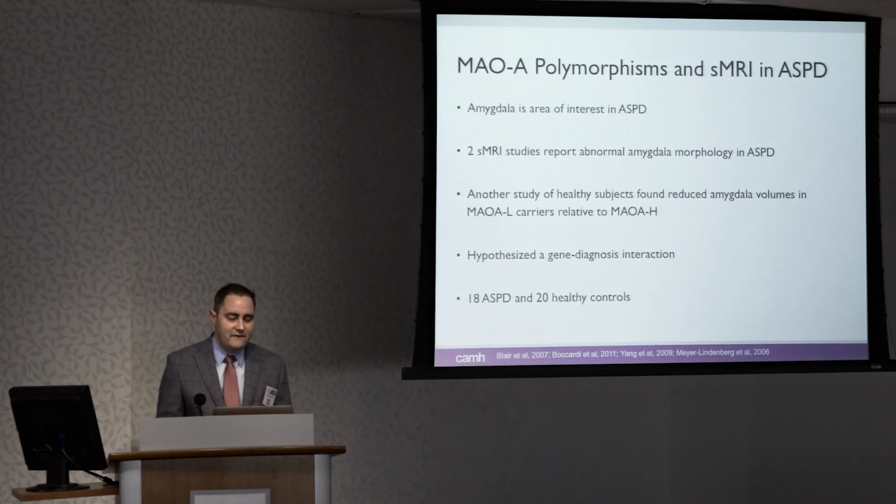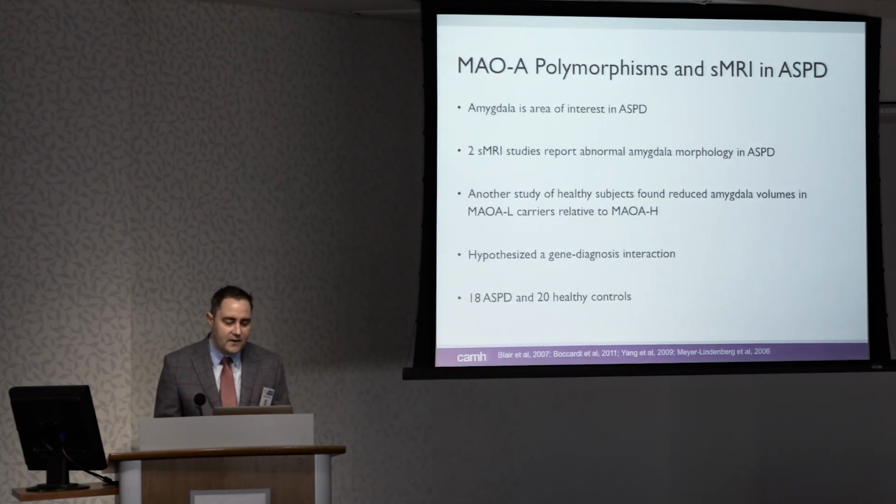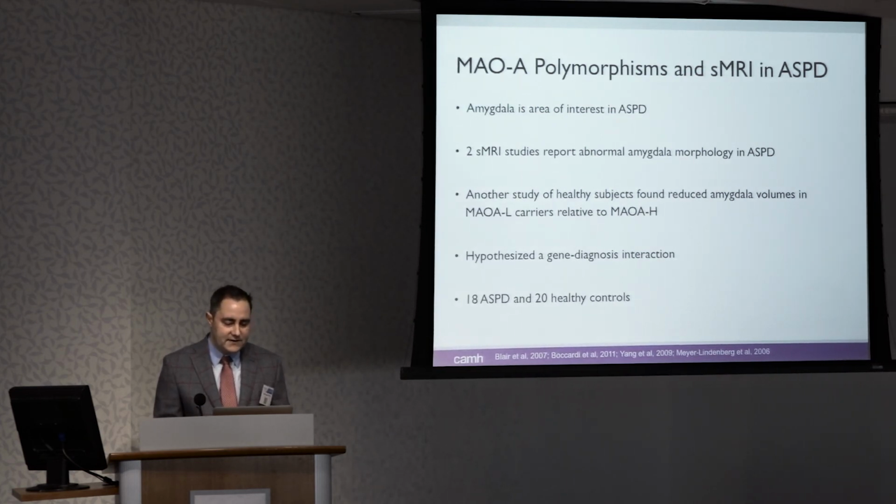So two structural findings report abnormal amygdala morphology in ASPD. Another study of healthy subjects found reduced amygdala volumes in the low activity carriers relative to the high activity carriers. So we hypothesized a gene by diagnosis interaction, and we had 18 ASPD and 20 healthy controls.